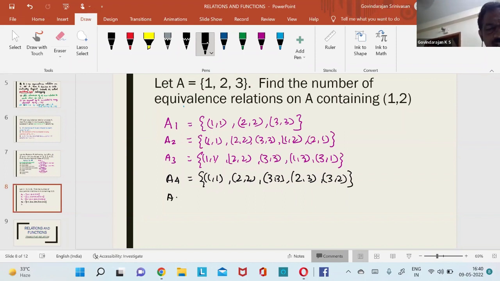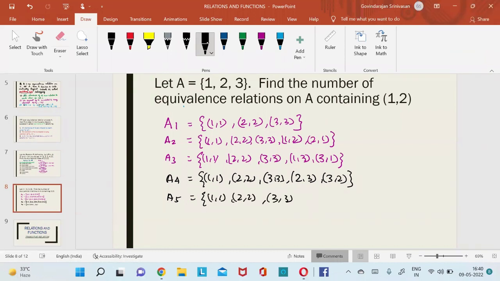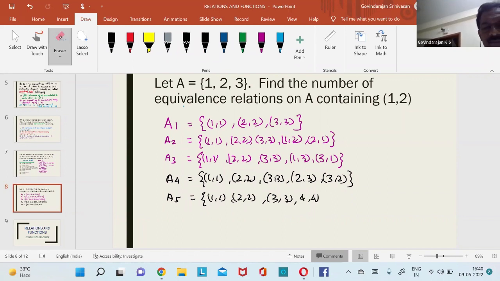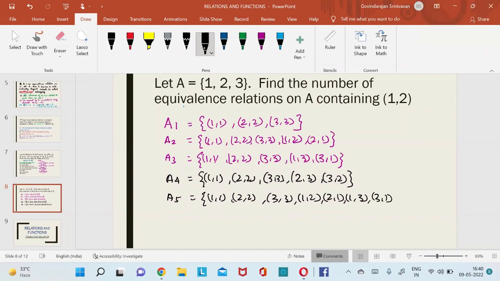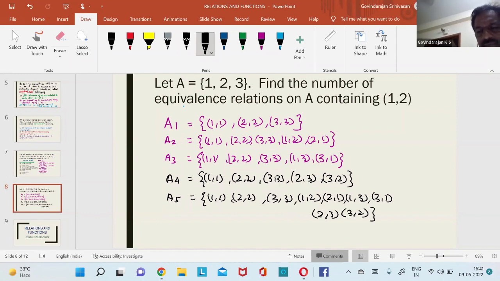And the last one containing all the elements: (1,1), (2,2), (3,3), (1,2), (2,1), (1,3), (3,1), (2,3), and (3,2). These are the 5 equivalence relations we can form from the set A.